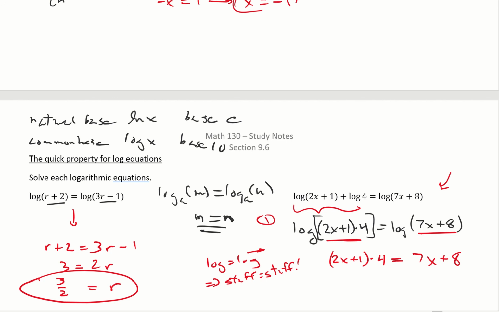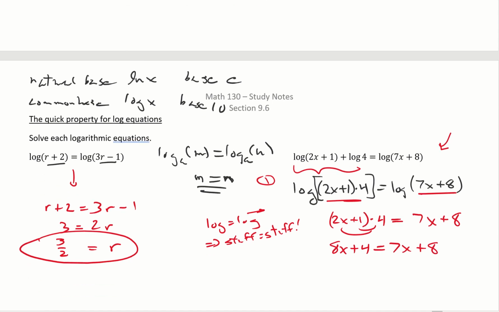And you solve. I'm going to distribute, right? Now we're out of the log world. We're just into chapter 2 and equations solved, right? So 8x plus 4 equals 7x plus 8. Subtract the 7x is x. Subtract the 4 is 4. The answer is 4.